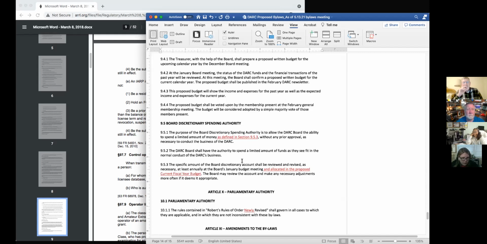Would that help this some? With that first part? I don't capitalize current fiscal year budget. When you capitalize something, you have to have it defined.